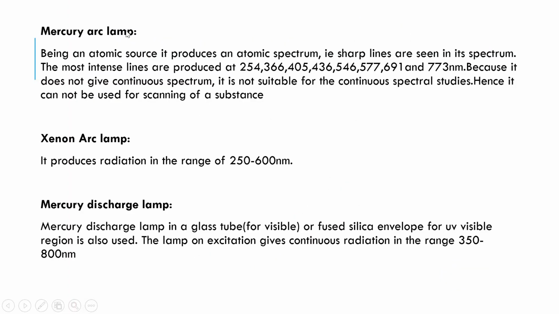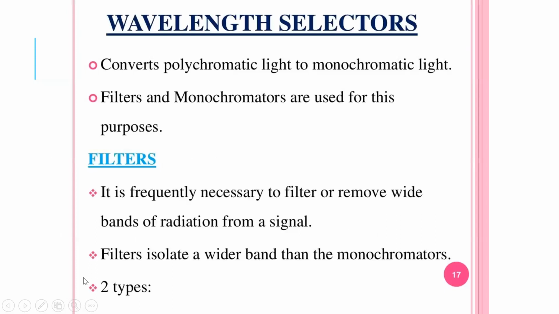The mercury arc lamp is used to produce a line spectrum. It gives different lines at these wavelengths. It cannot be used for a continuous spectrum. Xenon arc lamp provides radiation in this range, 250 to 600 nanometers. Mercury discharge lamp provides radiation from 350 nanometers to 800 nanometers.